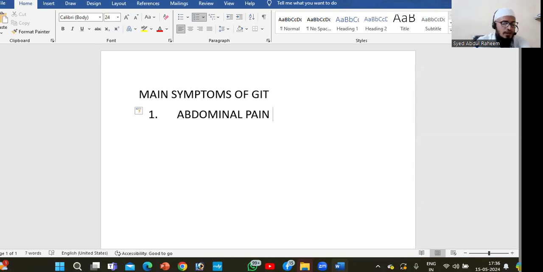The abdominal pain is a main symptom and it is related to GI tract conditions. There are a number of organs in the abdomen, like liver, gallbladder, pancreas, stomach, small intestine, large intestine, pelvic region.